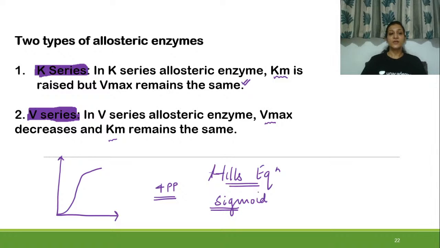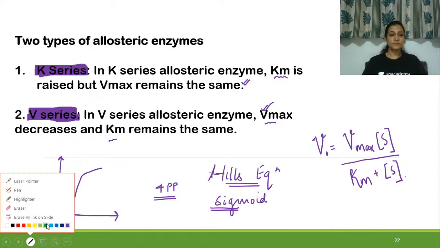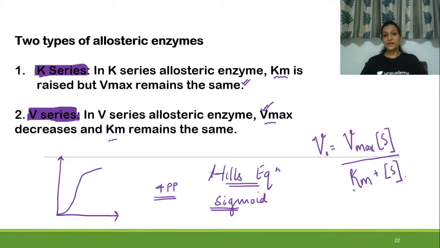What are Vmax and Km? If you remember the Michaelis-Menten equation, it is V0 equals Vmax into S upon Km plus S. So if Vmax is increasing, how will the graph change?